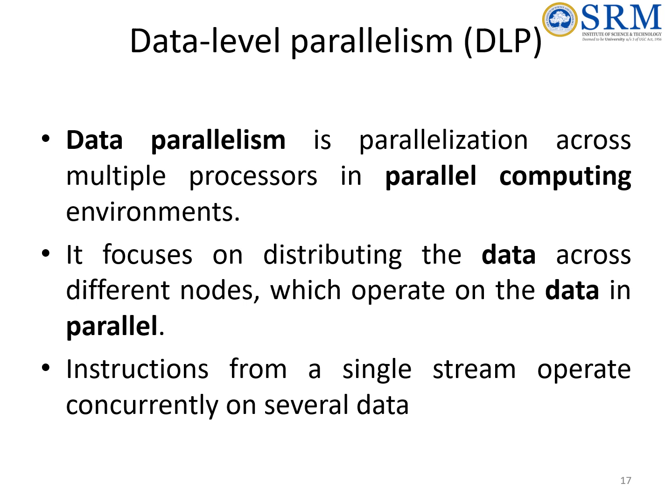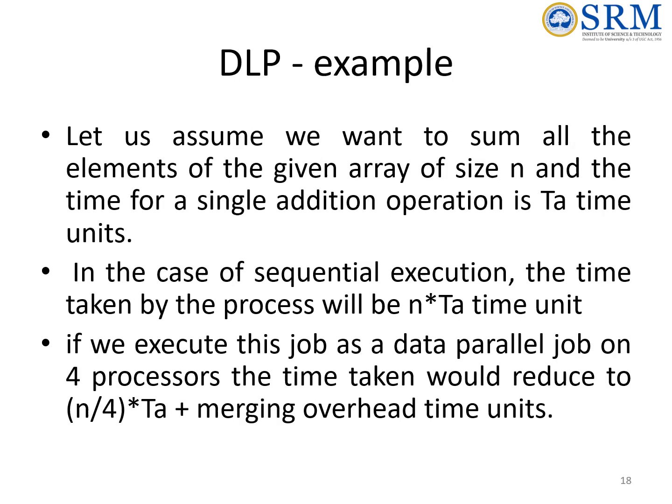Data level parallelism occurs when multiple processes run in a parallel computing environment. It focuses on distributing data across different nodes, which operate on the data in parallel. Instructions from a single stream operate concurrently on several data. Let us say we want to sum all the elements of a given array.